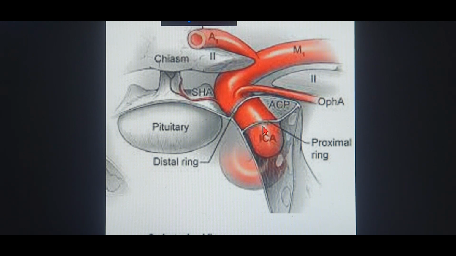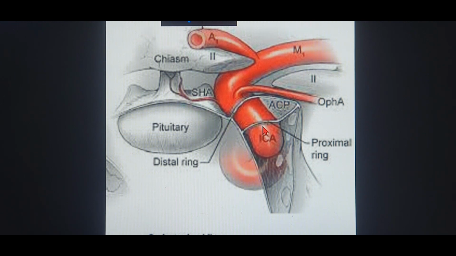The proximal dural ring is nothing but the dura which is at the roof of the cavernous sinus. Now the roof of the cavernous sinus is divided into both anterior and posterior. The anterior dural sheath is actually between the cavernous sinus and the oculomotor nerve.